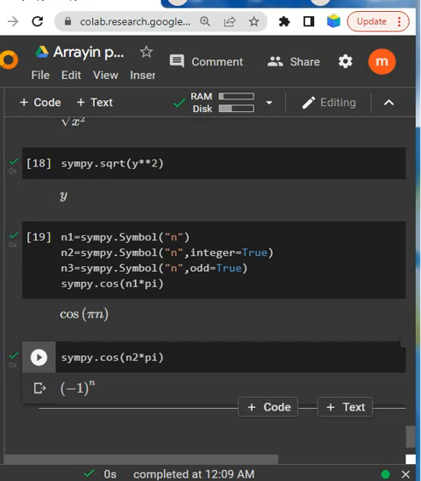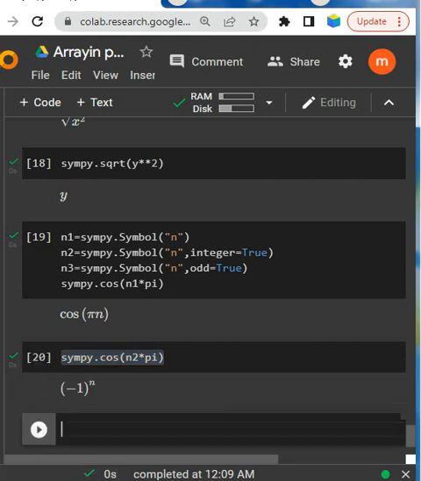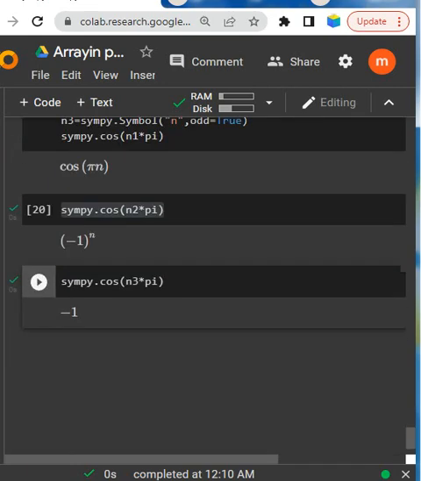But if I write here sympy.cos of n3 and pi, n3 variable means n is odd and true, so you can write -1.